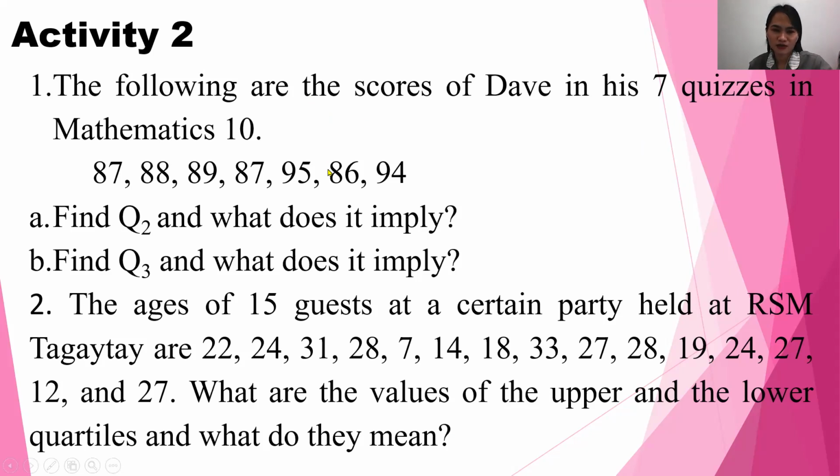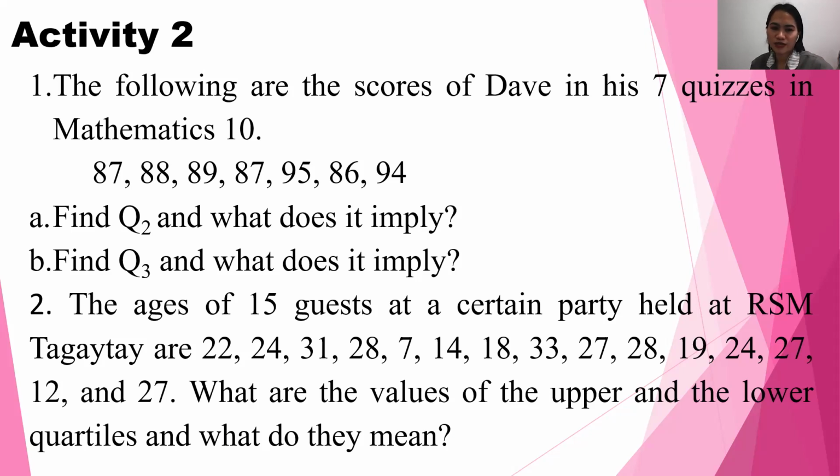So we have the data here. You're going to find the second quartile, and what does it imply? It means you're going to write the conclusion for your answer. Next, letter B, you're going to find the third quartile and the conclusion.